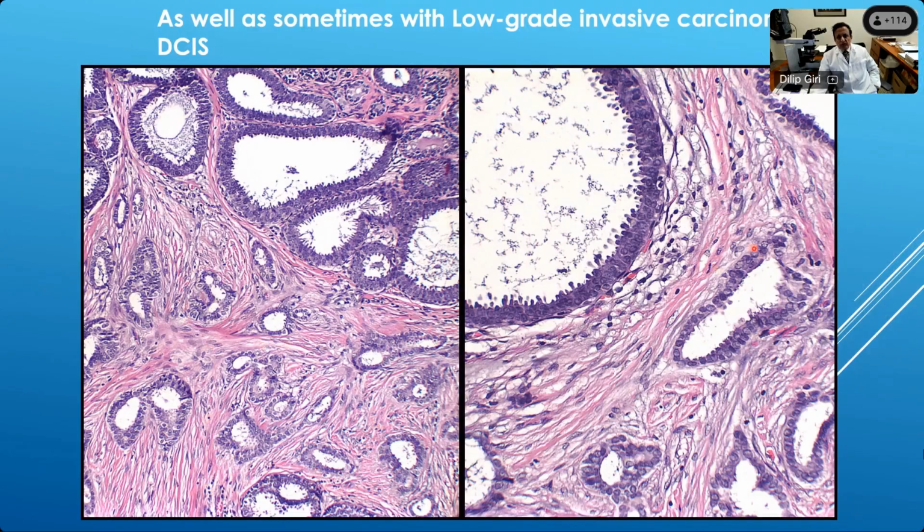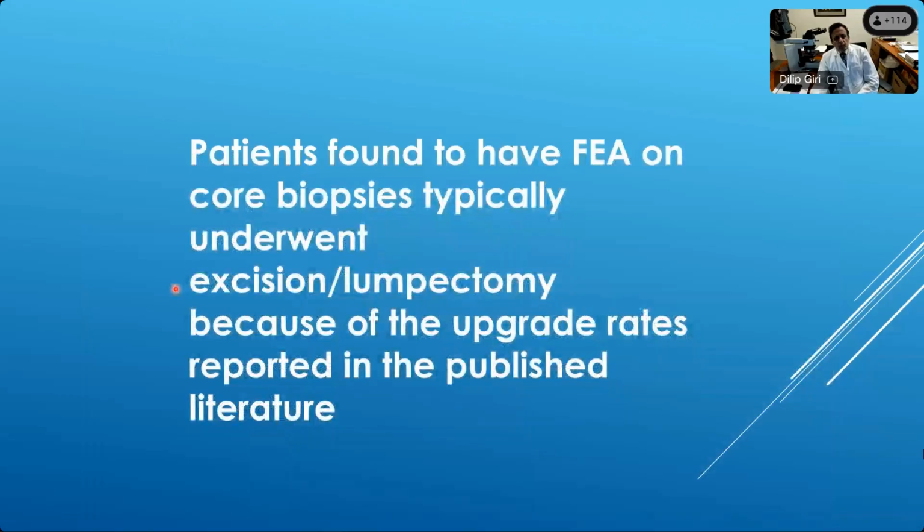So these are angulated atypical ductal luminal elements which are infiltrating the stroma. And this is a small focus of tubular carcinoma. So he decided that such patients in whom you see FEA, because of their association sometimes with higher grade or more advanced lesions, should undergo lumpectomy, at least lumpectomy.